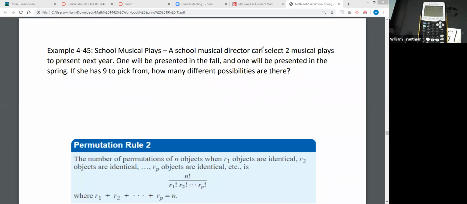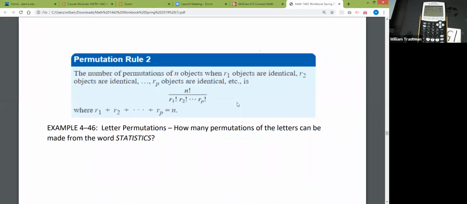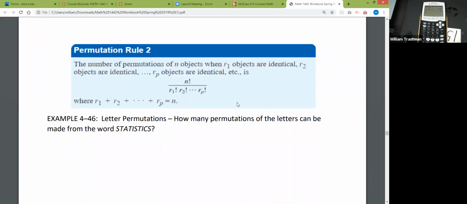All right, permutation rule number 2. This rule is only good if you're going to arrange letters. This is definitely on the test, it's definitely on the final exam.